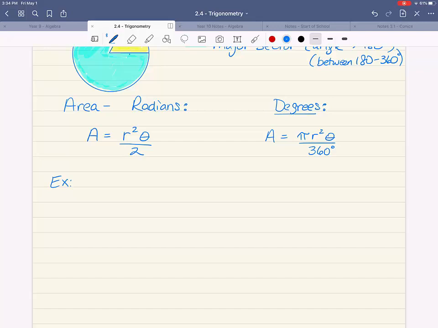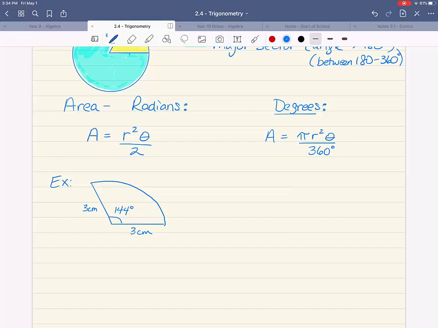We're going to have a sector. Sometimes they will draw the entire circle. Sometimes they will draw just the sector itself. So I'm going to do the best I can here. Here's my sector. The radius is 3 centimeters on both sides, and the angle is 144 degrees. So I want to find the area.